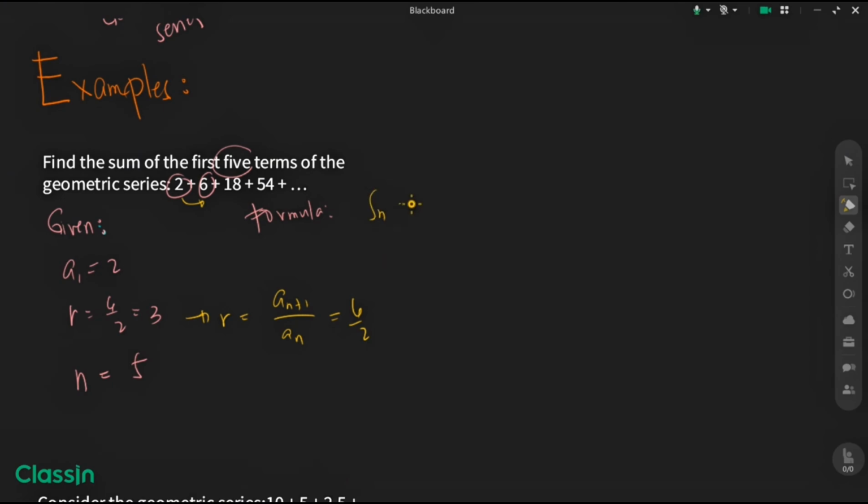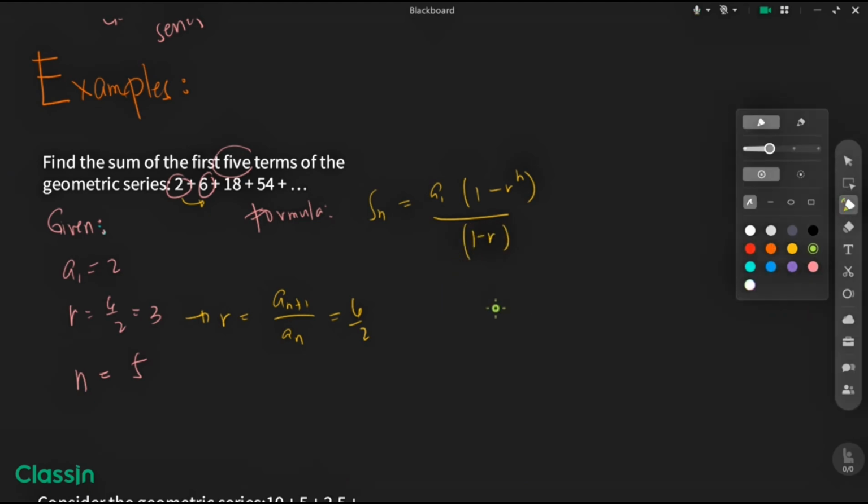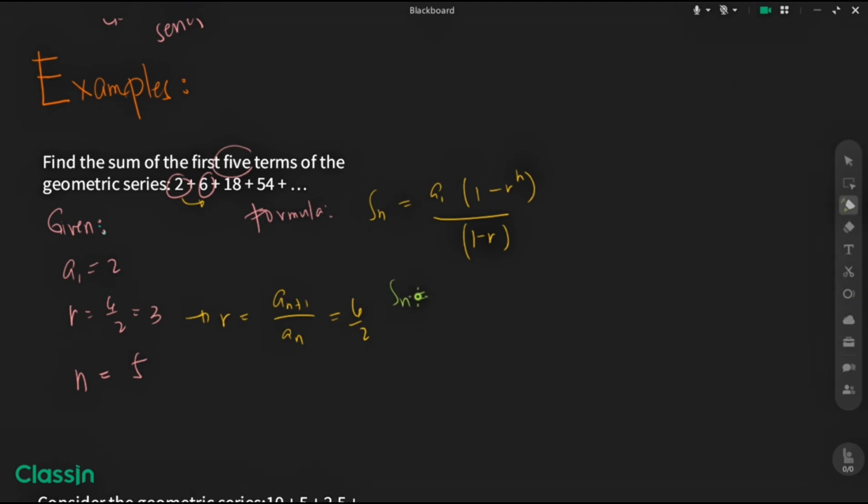S sub n is equal to the first term times 1 minus the ratio raised to n, all over 1 minus r. So we have here 2 as our first term, 1 minus 3 raised to our n. What is n? 5.